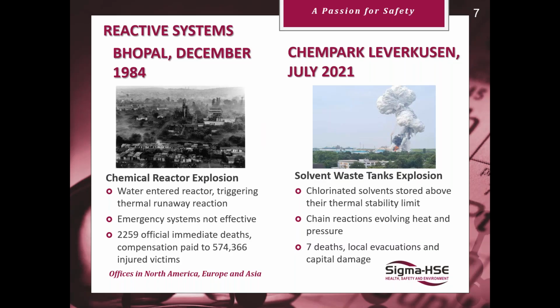Bringing it up to more recent years, in 2021 in Europe, this was not a desired reaction, it was a solvent waste tank explosion, but again there was a failure of process control in that materials going into the waste tank weren't disclosed properly. There was a runaway reaction inadvertently that led to increased temperature, pressure, and explosion.